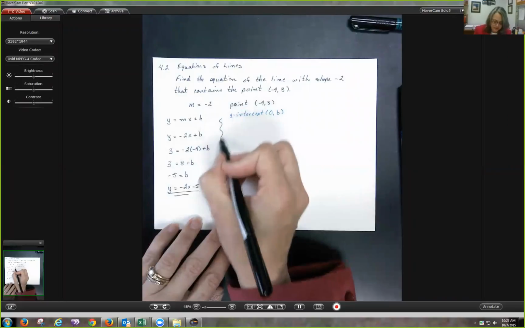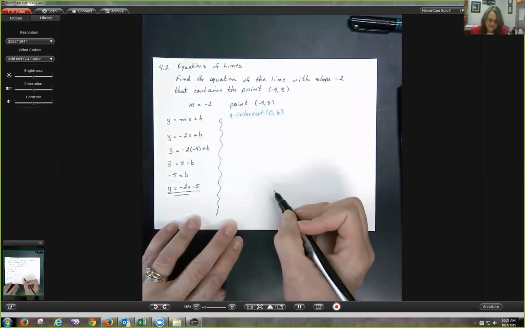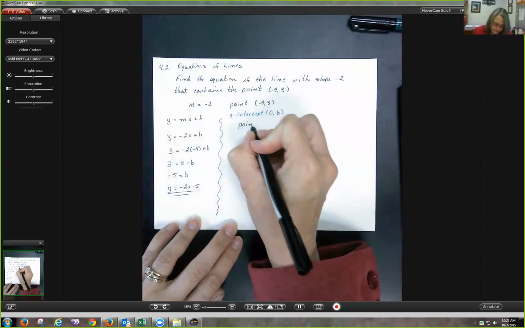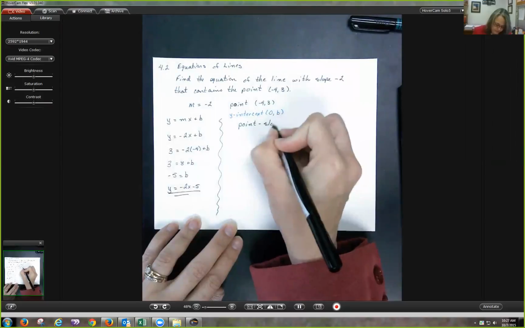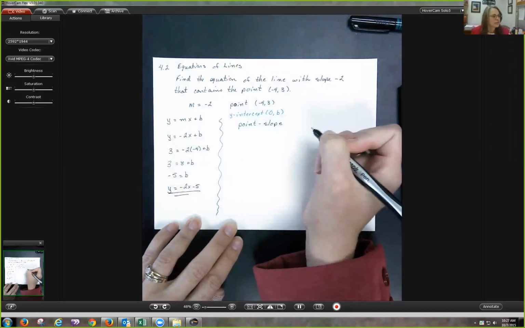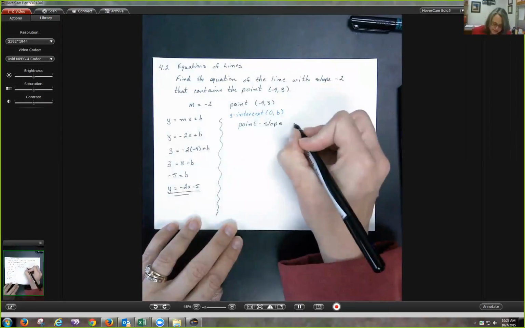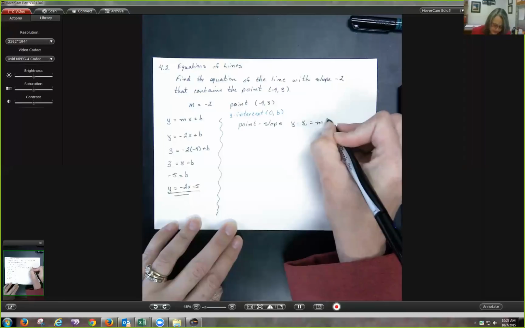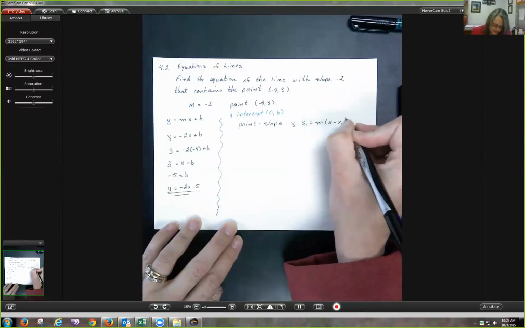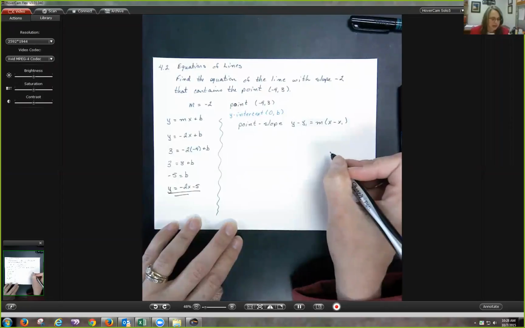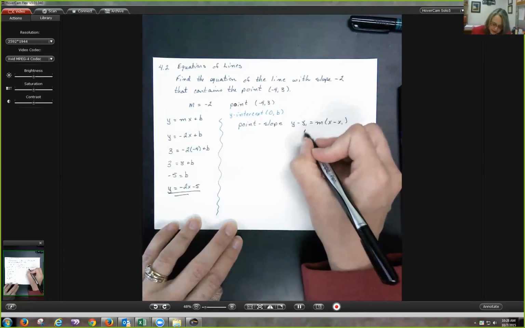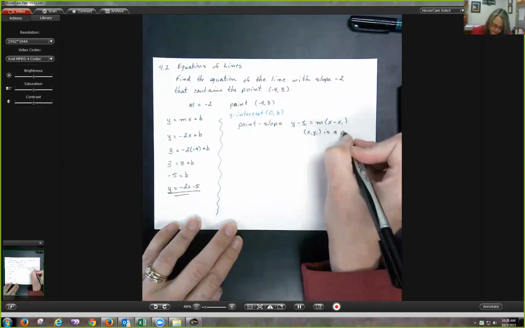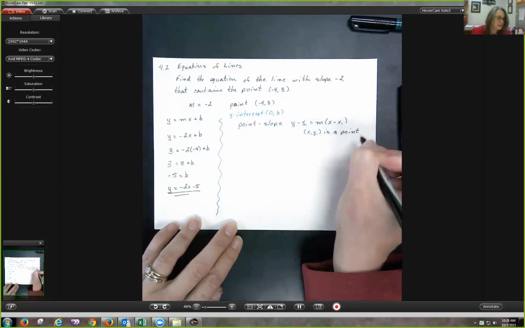Now, you may have seen in a previous class what we call the point-slope form of the equation of the line. And what that says is that y minus y1 equals the slope times x minus x1. And x1, y1 is some point on the line.